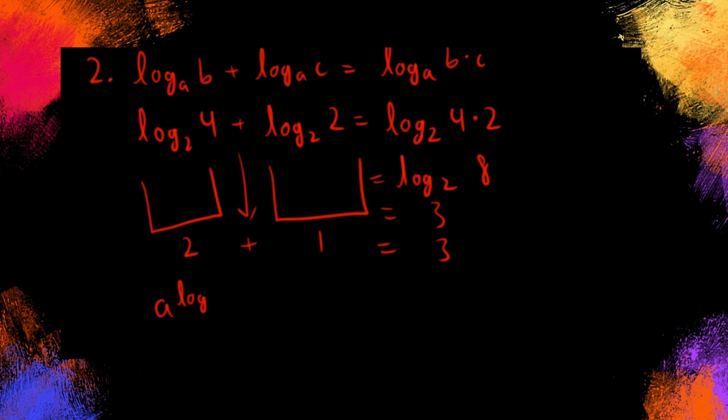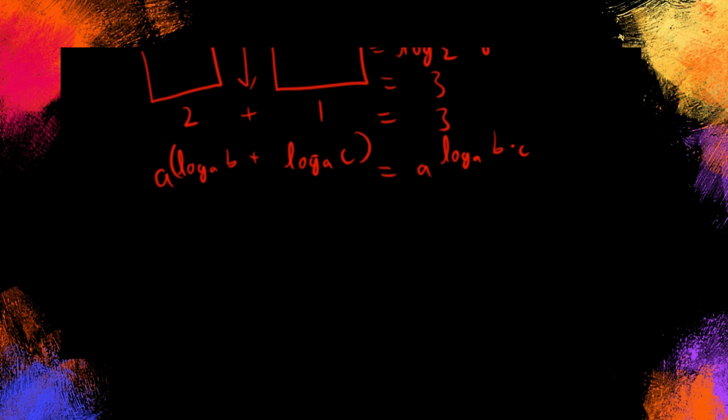So we have log base a of b plus log base a of c in the exponent over here. And on the right side, we have a to the power log base a of b times c.